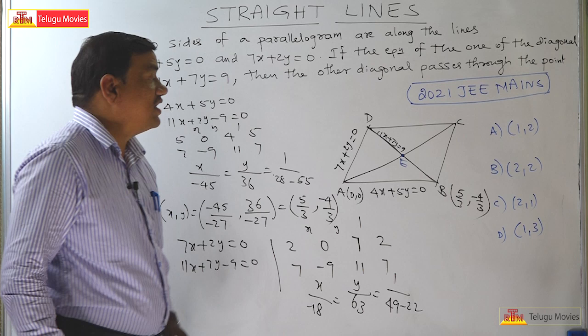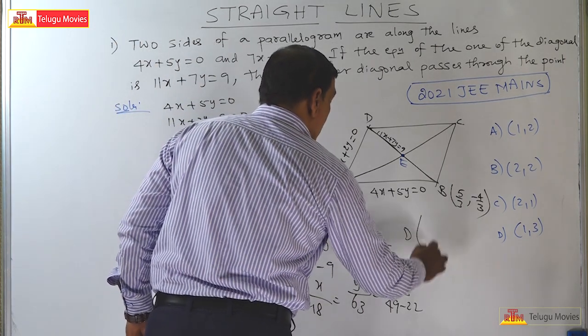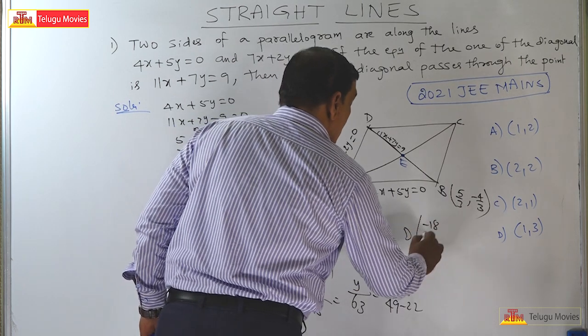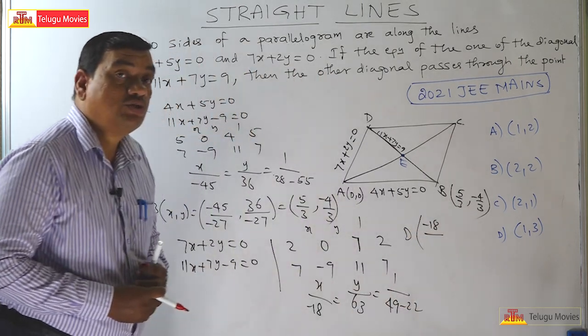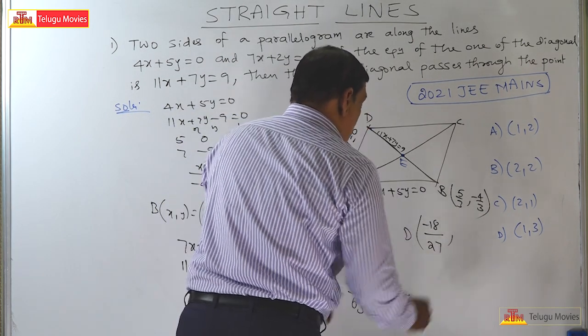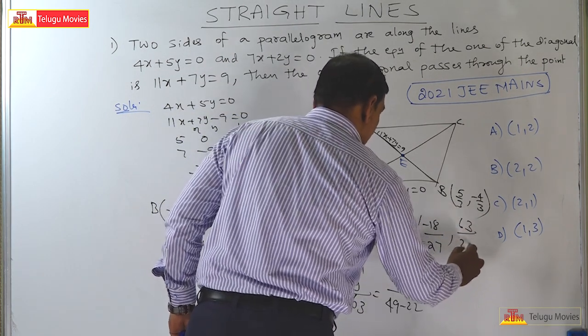What are the coordinates of D? D coordinates are nothing but minus 18 upon 49 minus 22, that is 27, comma 63 by 27.